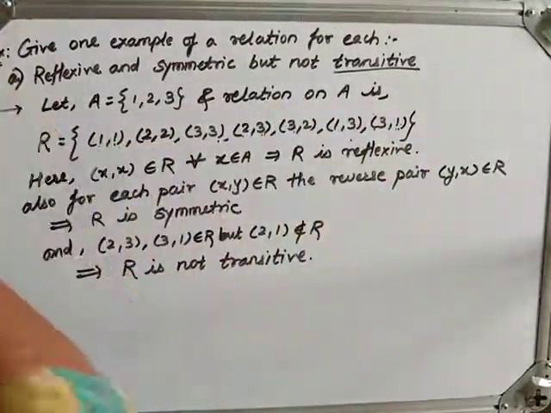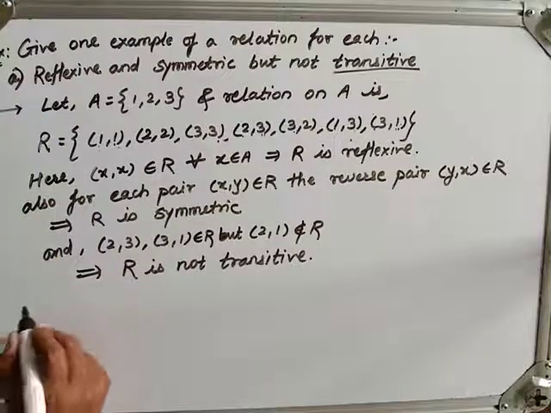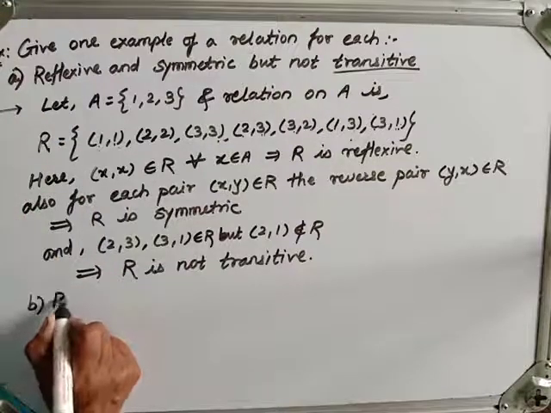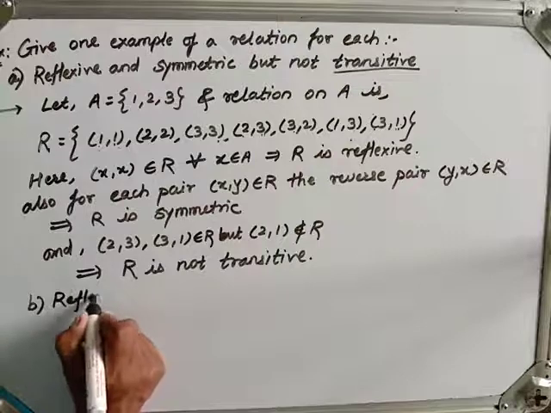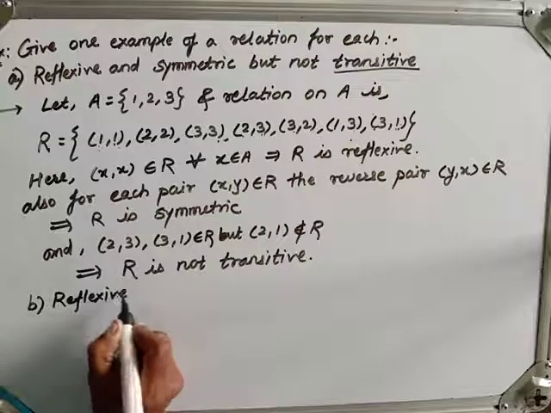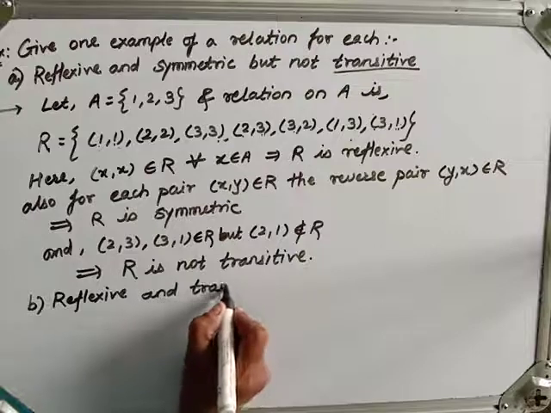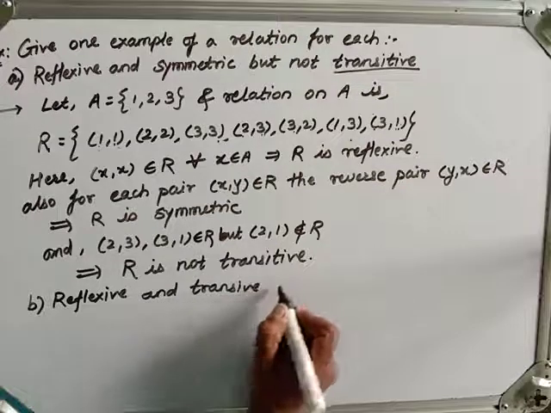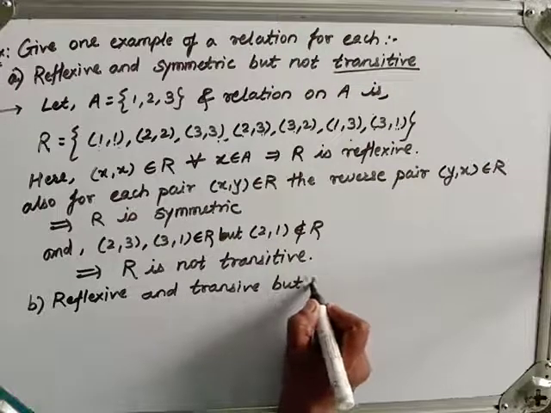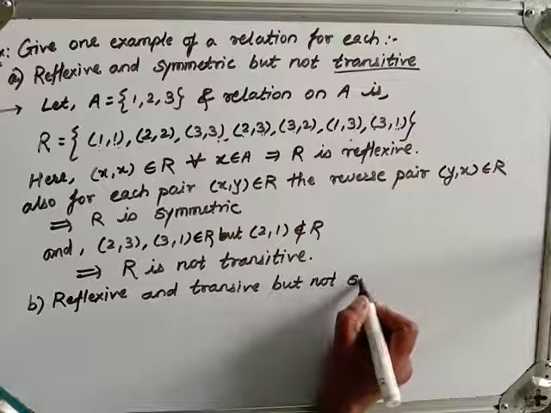Now let us see the next case. In the next case, suppose the relation should be reflexive and transitive but not symmetric.